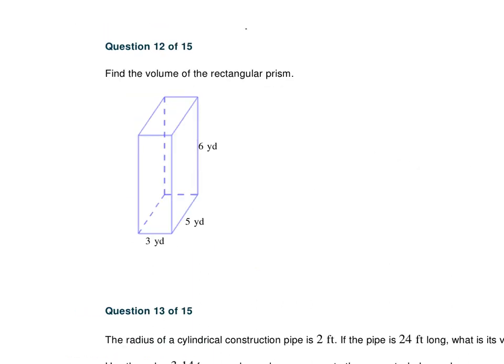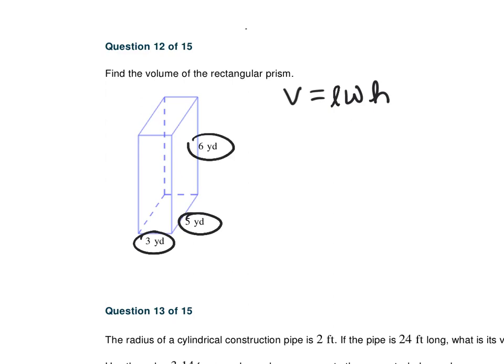So question 12 is asking us to find the volume of the rectangular prism. So that formula for volume is length times width times height. It doesn't really matter what we call our length, our width, and our height. We just have to multiply those 3 numbers together.